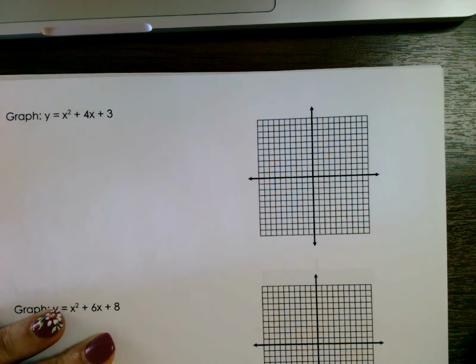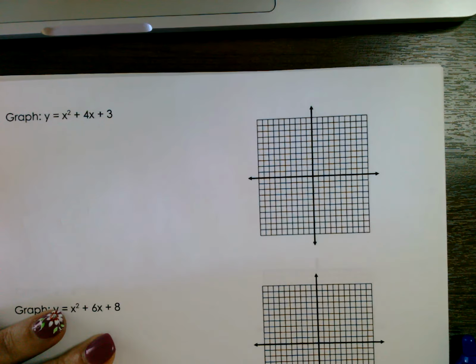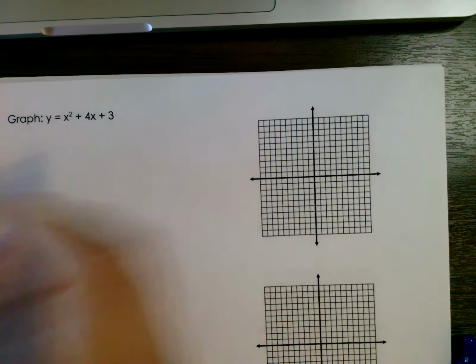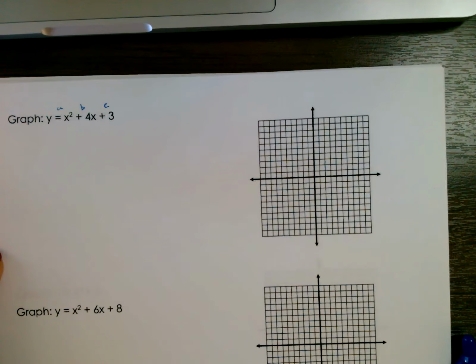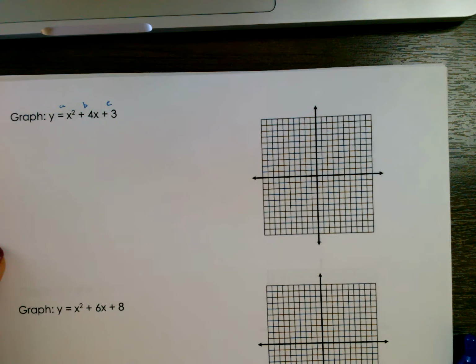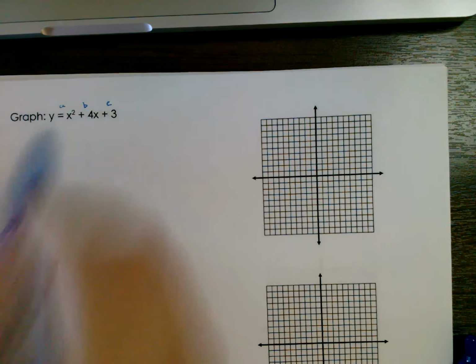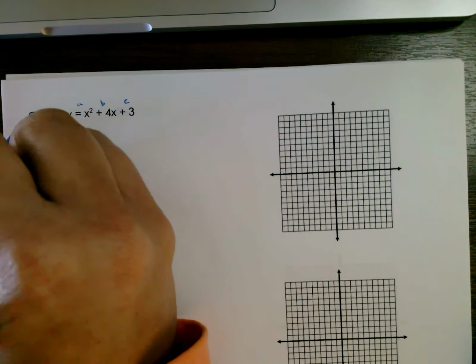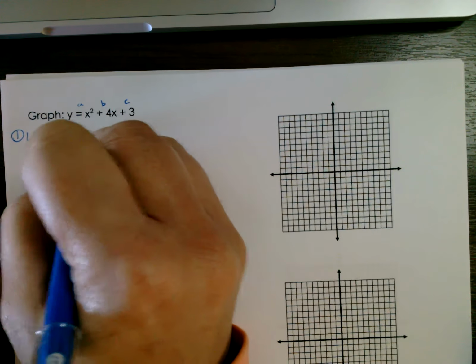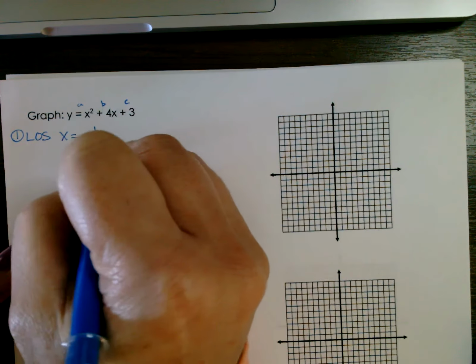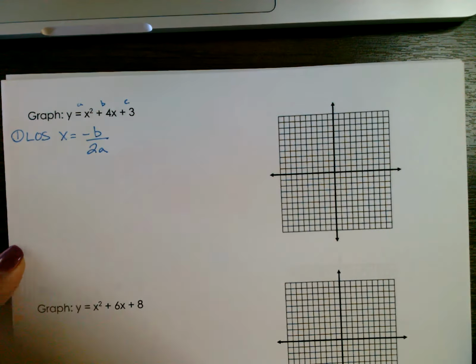Okay, I had to turn the page. So starting where we were, we know our A, our B, our C. I'm making a mental note that it will be a positive parabola, smiling because A is 1. We're going to start with the line of symmetry, where x equals the opposite of B divided by 2A.